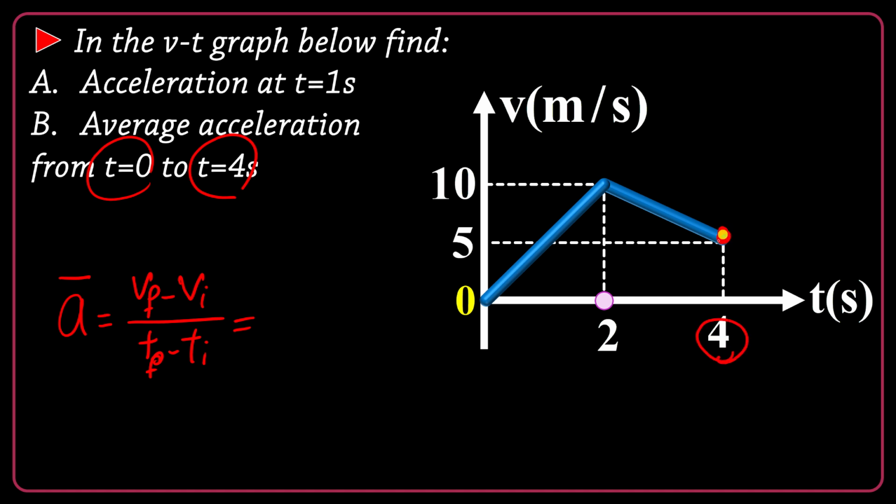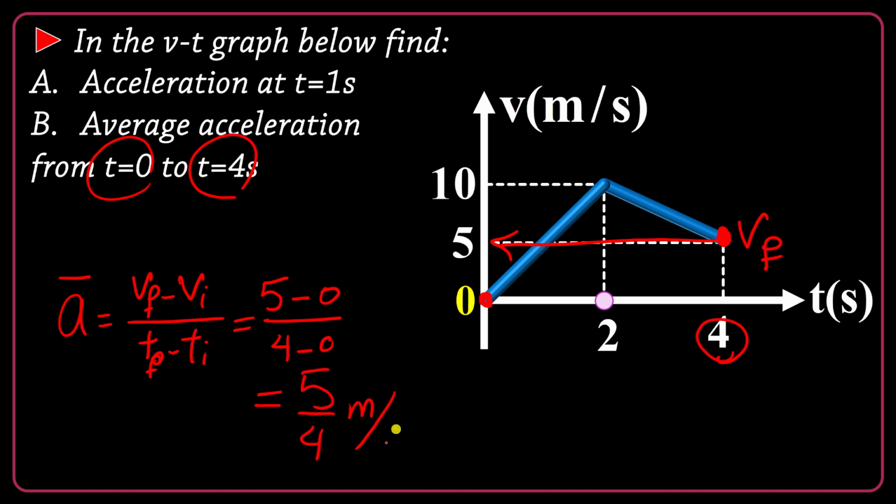And final velocity at this point is going to be 5. So it's 5 minus initial velocity, the velocity at t equals 0, so it's 0. 5 minus 0 over 4 minus 0. It's very different from instantaneous acceleration. It seems to be 5 over 4 meters per second squared.